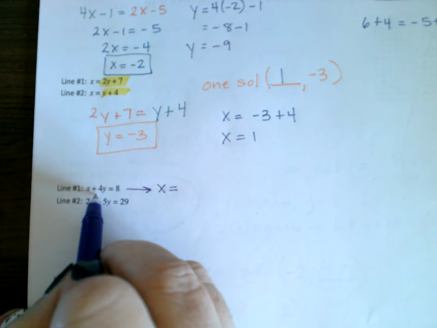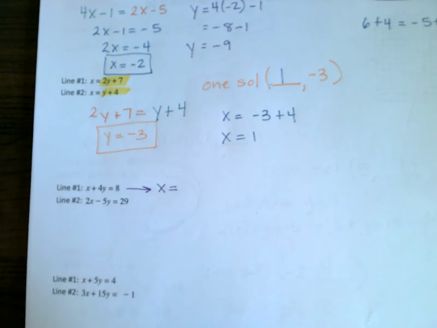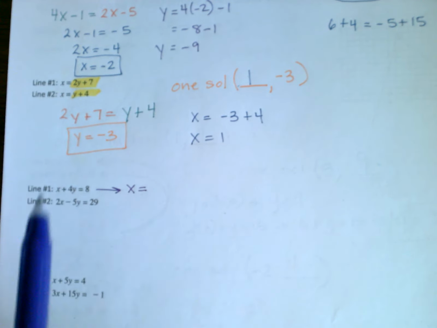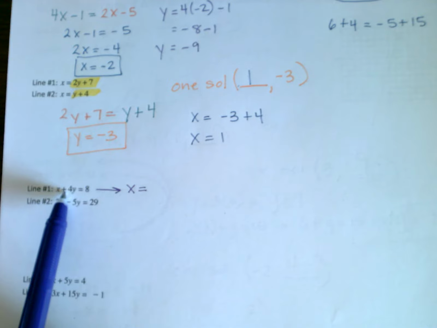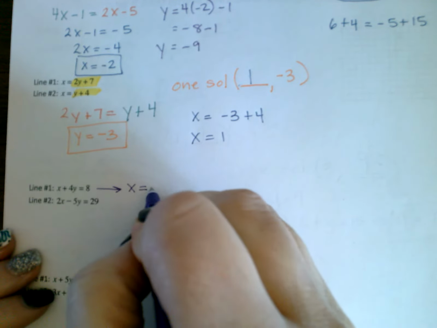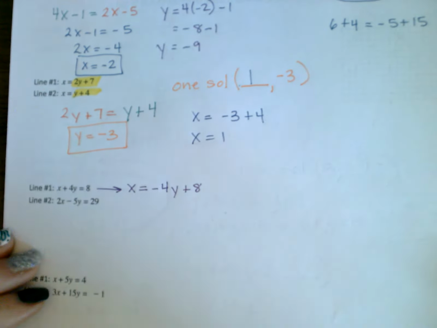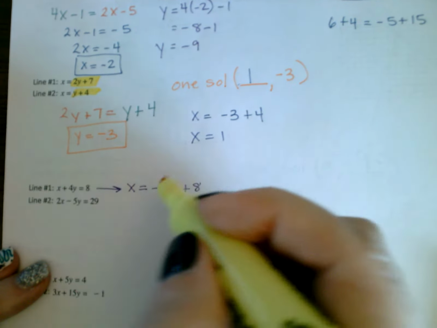I can do that in one move. I can subtract. All right, as I was saying, I am going to set this equation equal to x. I can do that simply by just moving the y's over, so I get negative 4y plus 8.